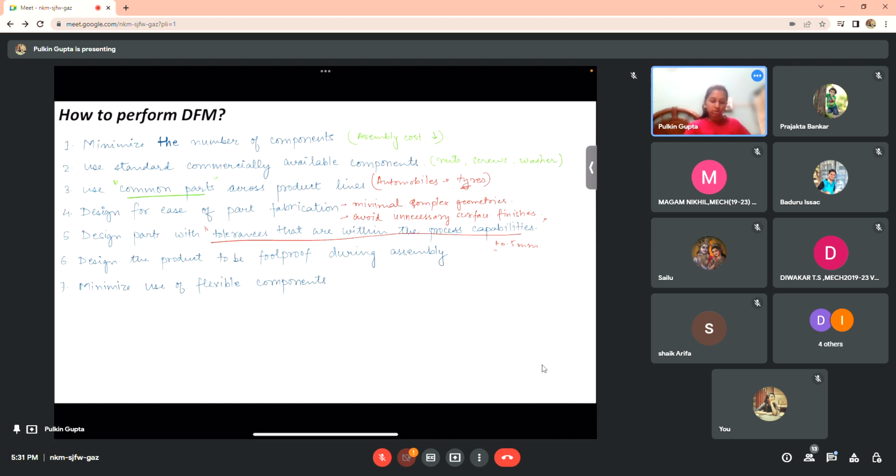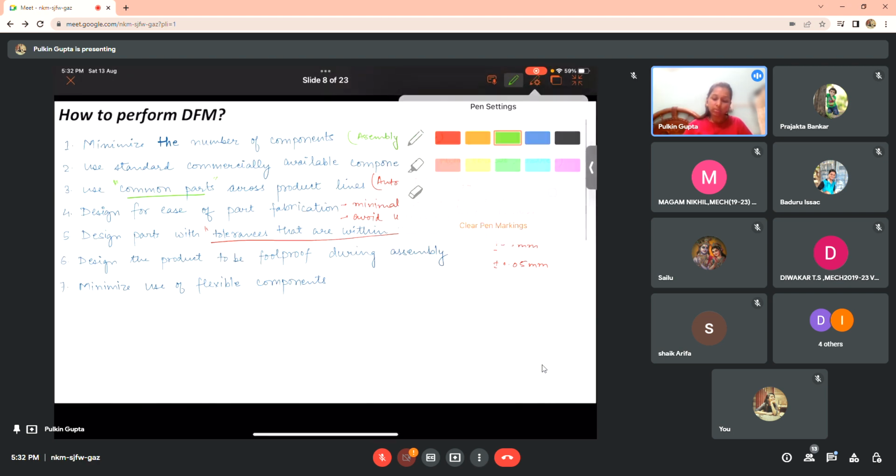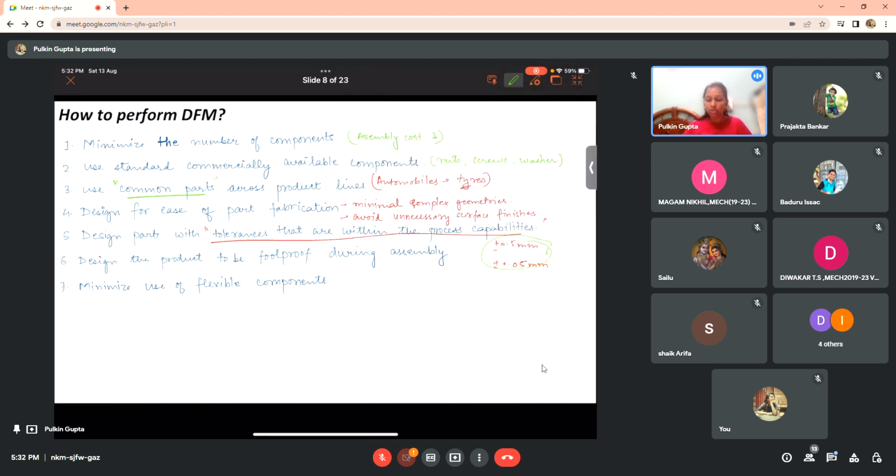Suppose the tolerances of the machine that you are using lie within plus minus 0.5, and you design a part that should have a tolerance of plus minus 0.05 mm. How is that machine supposed to build this? It cannot achieve this. So you need to ensure that what you are designing is compatible with your machine.